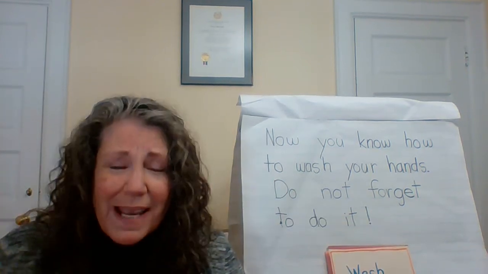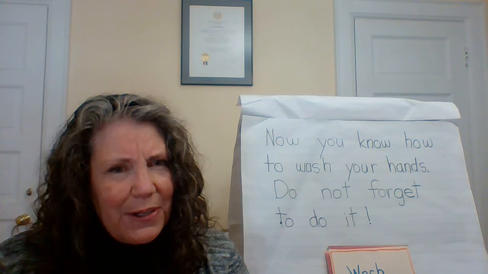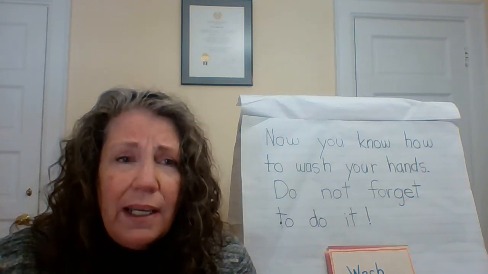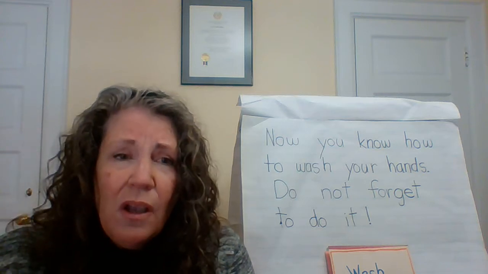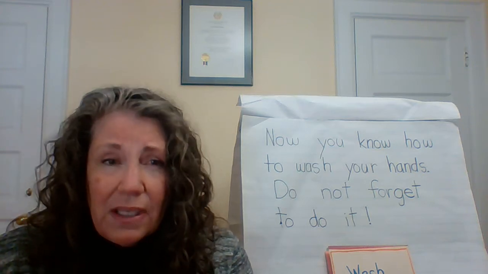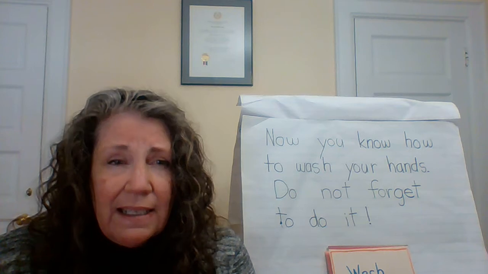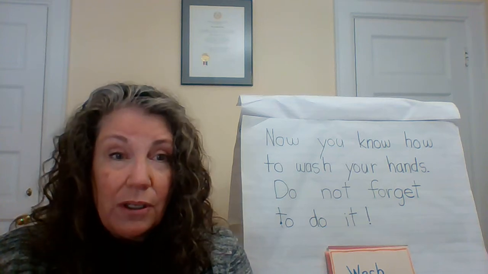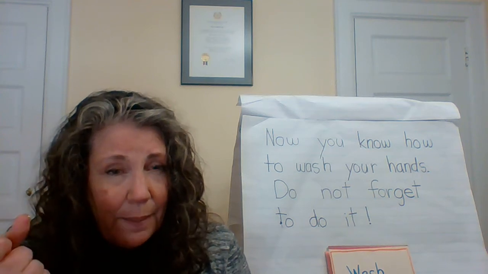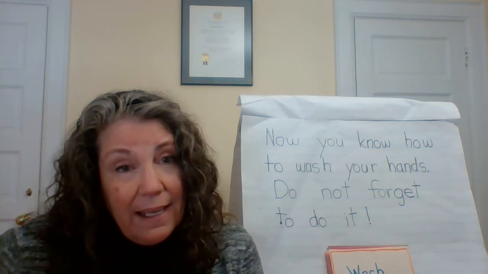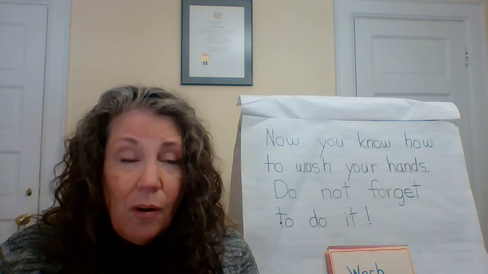Wow, that sounds great. Thank you so much for your help, kindergartners. When you are writing your books or posters or songs or poems, remember to use some of these strategies for finding out how to spell the words. Some of the words are words that you know in a snap. The, T-H-E, to, T-O.